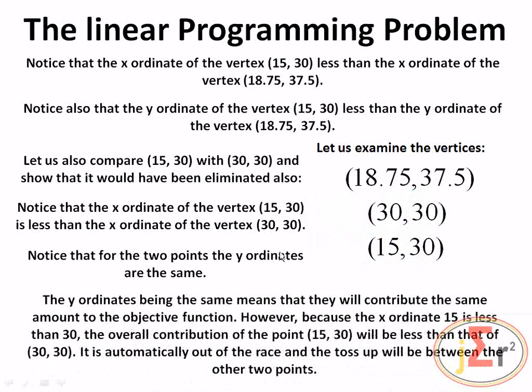The y-ordinates being the same means that they will contribute the same amount to the objective function. However, because the x-ordinate 15 is less than 30, the overall contribution of the point (15, 30) will be less than that of (30, 30). It is automatically out of the race, and the toss-up will be between the other 2 points. So that one is out.